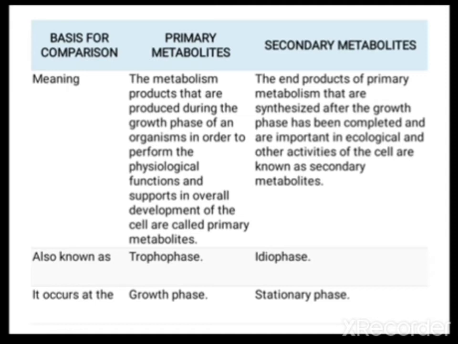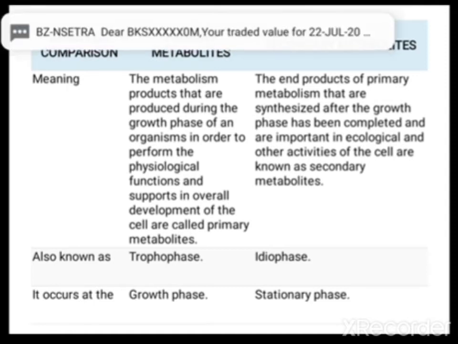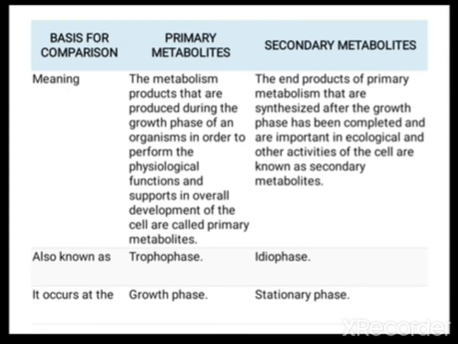While secondary metabolites are the end products of primary metabolism that are synthesized after the growth phase has been completed and are important in ecological and other activities of the cell. Already we have discussed secondary metabolites. These are excretory substances.